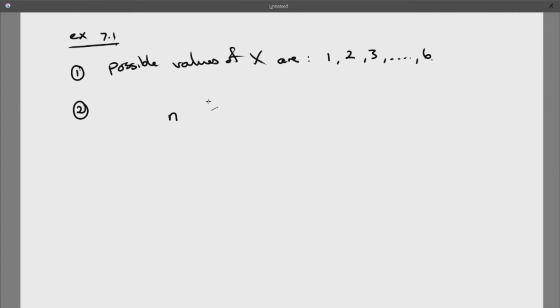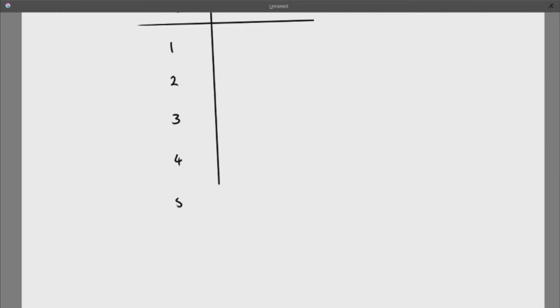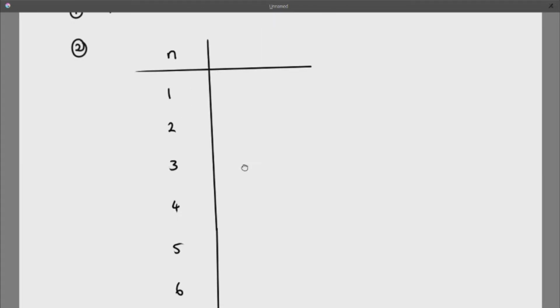N for number. And then the numbers could be 1, 2, leave some space because the probabilities are fractions, right? 4, 5, and 6. I can do them all because I don't have that many. Then the other column is going to be the probability that x equals that number that I'm looking at. And it could be different numbers, 1 to 6.